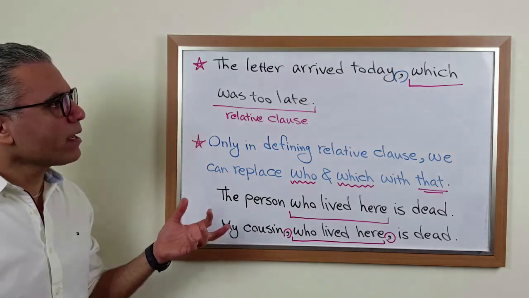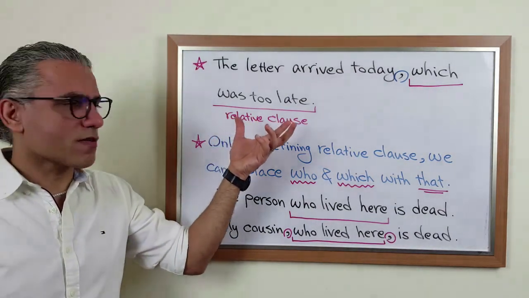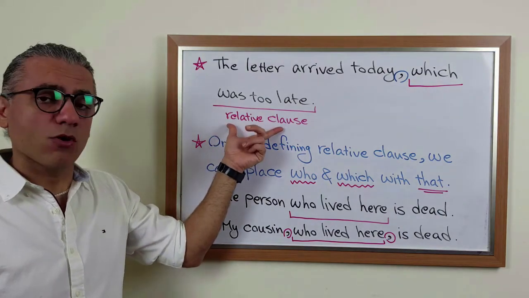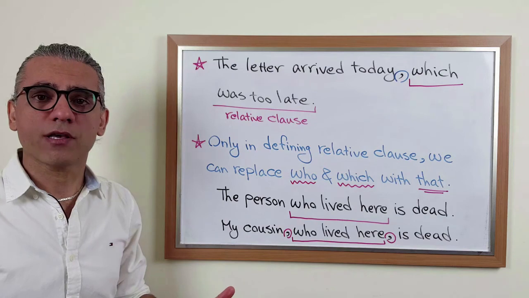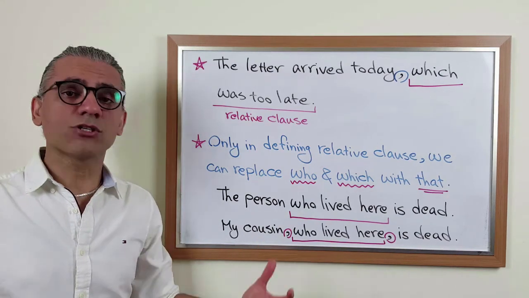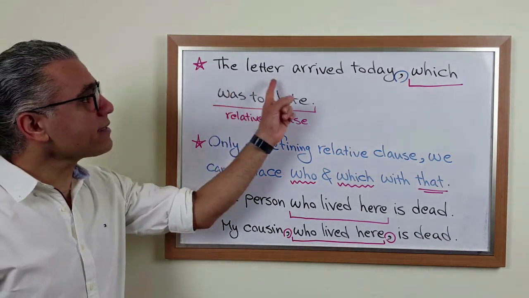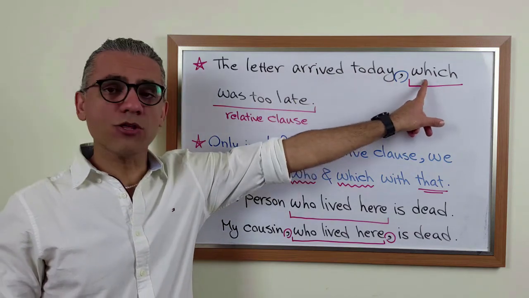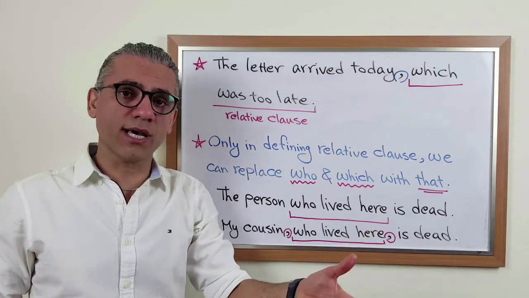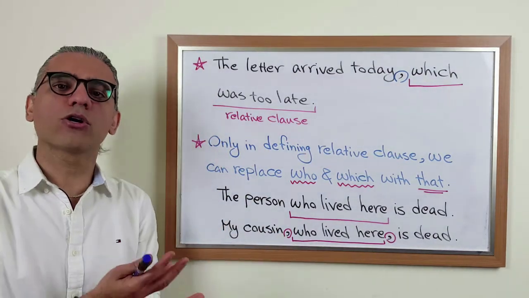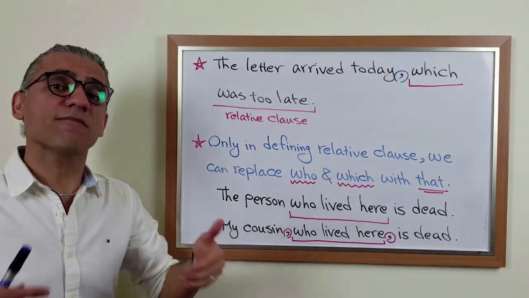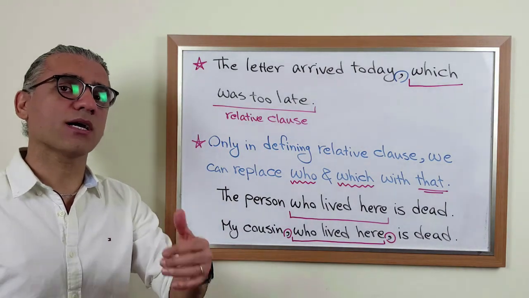But remember, why I have written this example, because the relative clause does not only replace a noun or a noun phrase. It could replace an entire clause, like the letter arrived today, which is the pronoun, which is replacing the whole event, the whole clause, or it is replacing the fact that the letter arrived today.